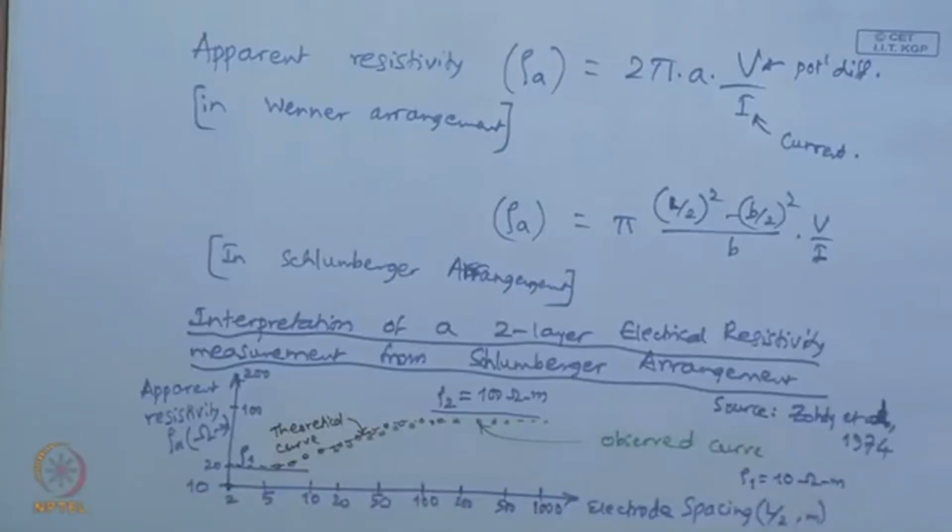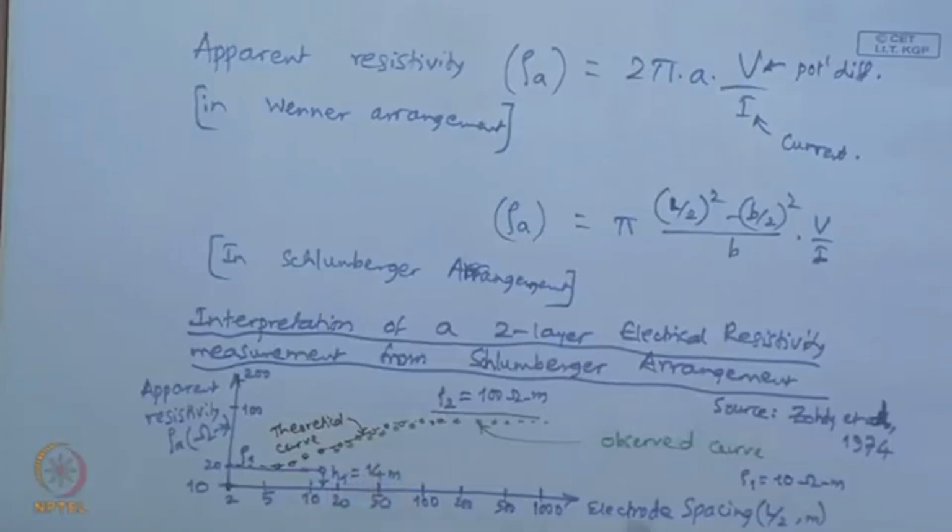So, here we have this H1 is 14 meter, and basically this H1 is the depth of the sandy aquifer.